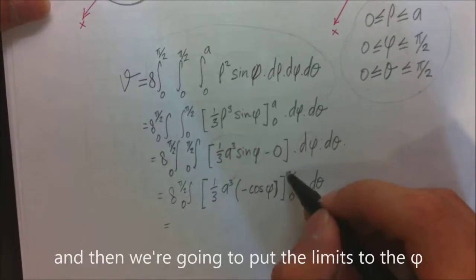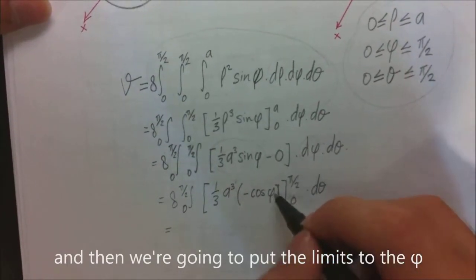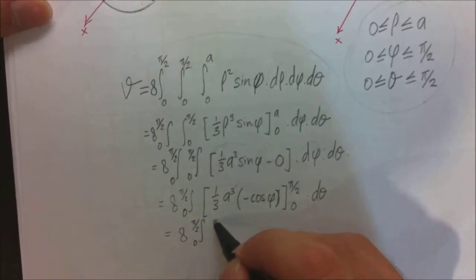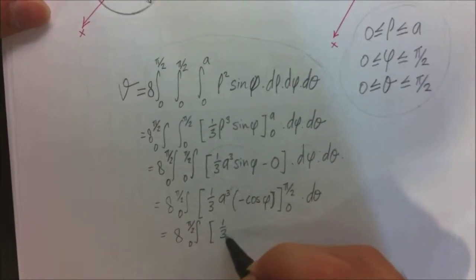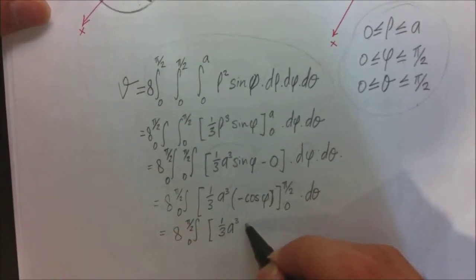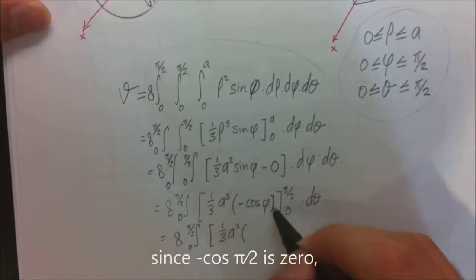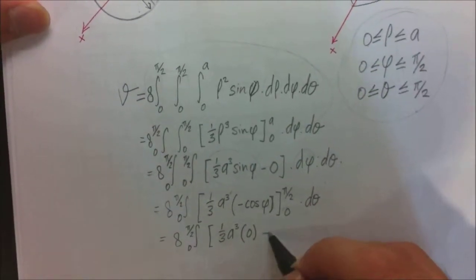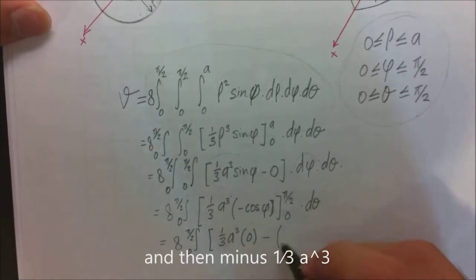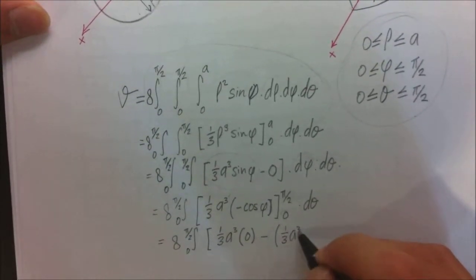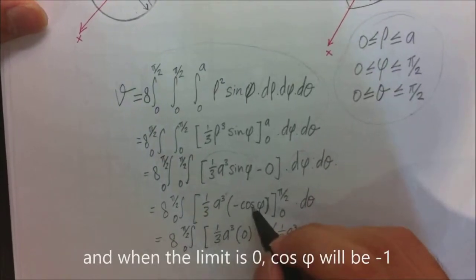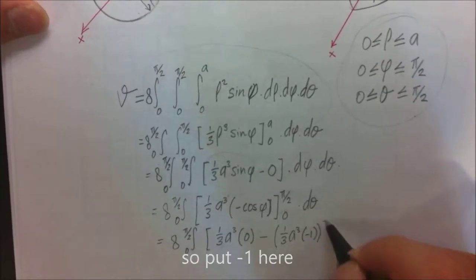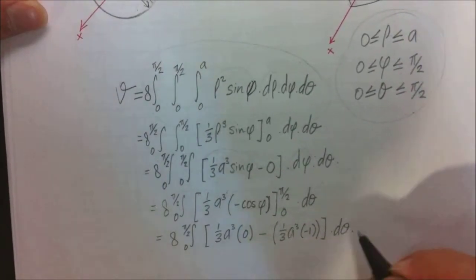Then we put the limits into phi. Since minus cos of pi over 2 is 0, we put 0 here. And then minus 1 over 3, A cubed. And when the limit is 0, cos 0 will be 1, so minus cos 0 is minus 1. So put minus 1 here, d theta.